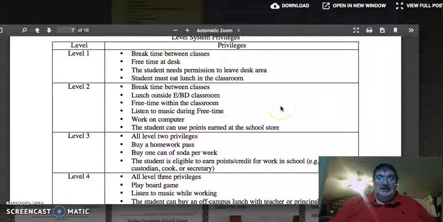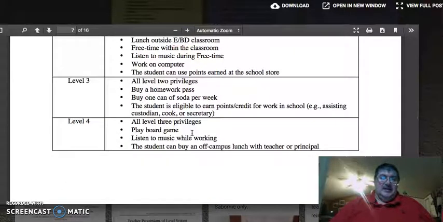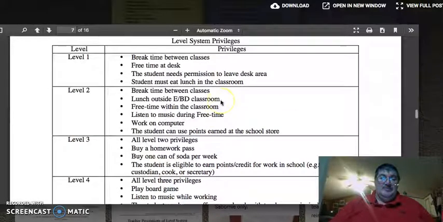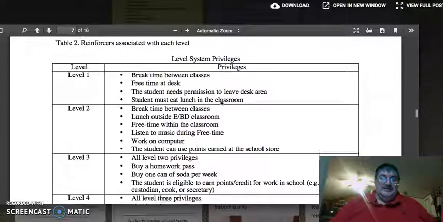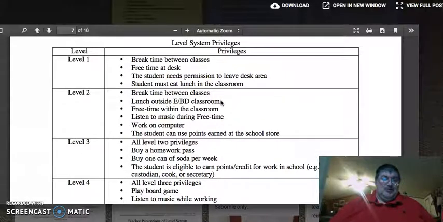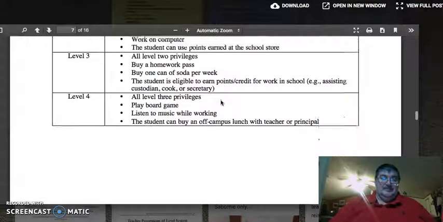Now our behavior sheet in our school pretty much utilizes most of these, except for getting the can of soda, doing the homework pass because we do not do homework, and buying off-campus meals or lunches. But other than that, we implement most of these throughout the day, more towards IEP goals as their breaks and stuff that they need, other than the daily behavior sheet though.